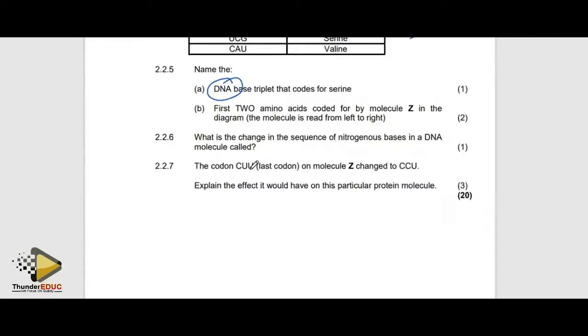Now, we are saying codon, so we have to change it into anticodons. So CUU is going to be GAA, and then this one is going to be GGA. If this codes for the same amino acid as this, there will be no change in the protein.